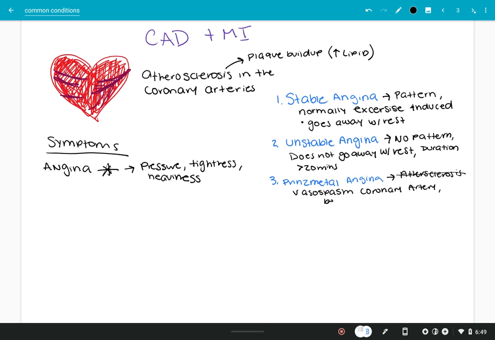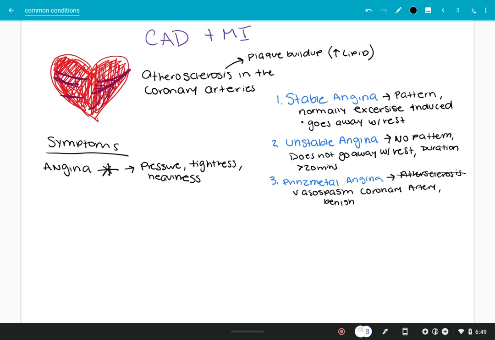It's benign. It can happen to anybody. It doesn't really mean anything. And it goes away on its own. It resolves on its own. So it's really just transient with Prinzmetal. And then the last one is microvascular angina. I don't really know too much about it, so I don't want to talk about it. So, go in the book if you want to know about it.